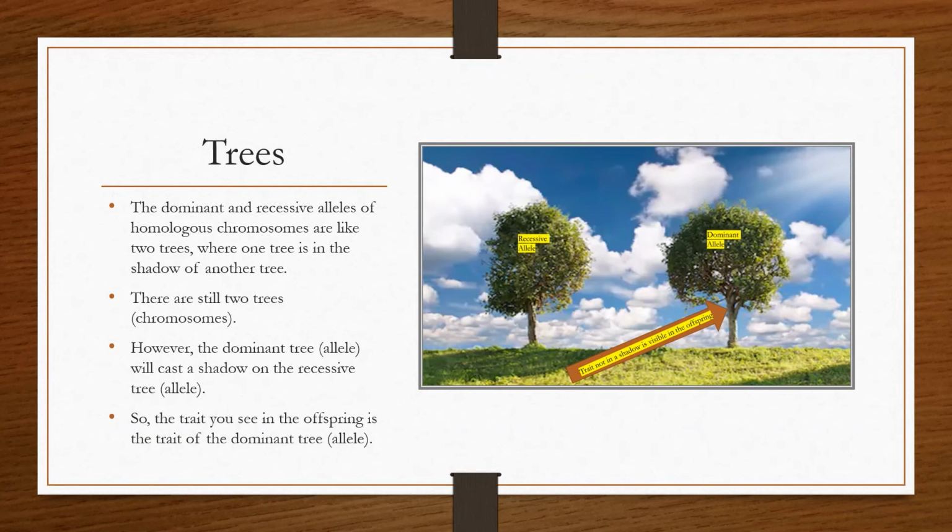However, the dominant allele will cast a shadow on the recessive allele. One chromosome basically casts a shadow on the other. The dominant one casts the shadow over the recessive. So the trait you see in the offspring is the trait of the dominant tree or the dominant allele. And you can see that.